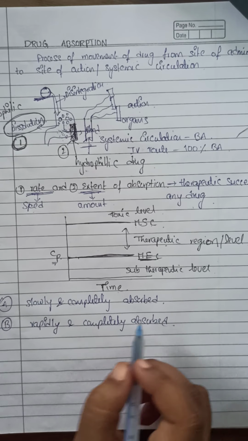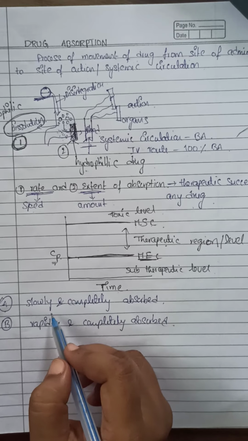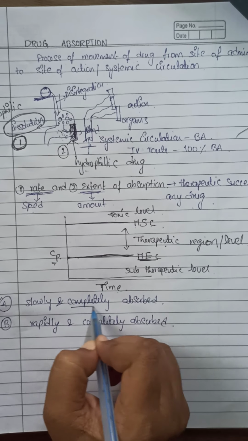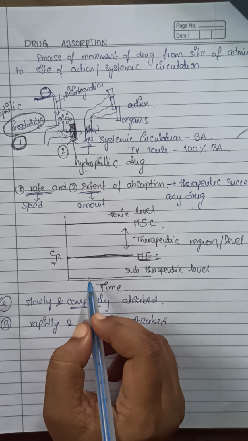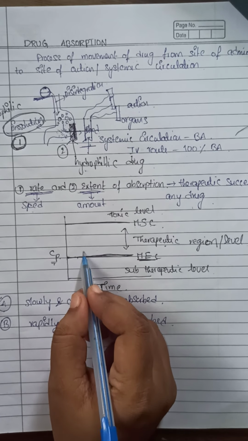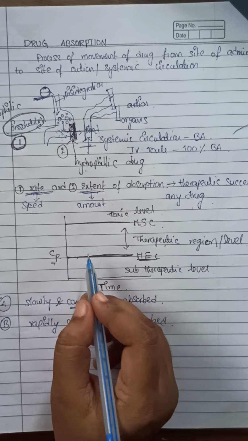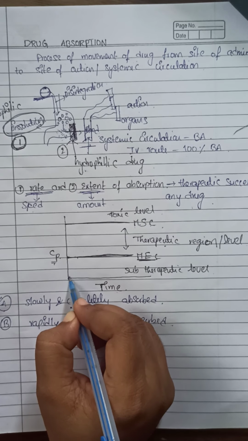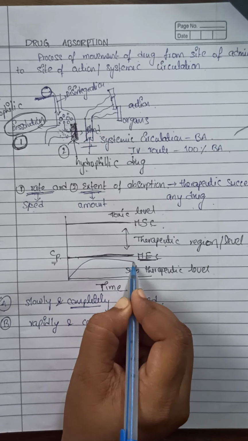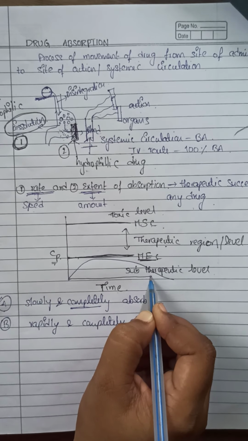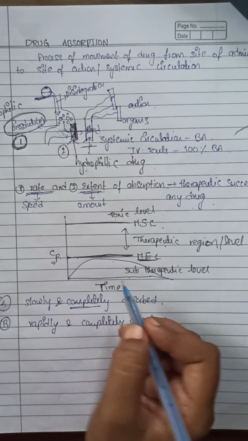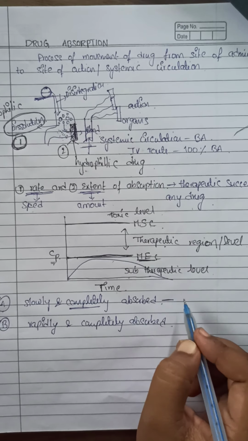So in case of a drug which is slowly absorbing and complete, even though it is completely absorbed, because of slow absorption it will not enter into the therapeutic level. It is slowly absorbing but completely absorbing. It will be present in this region only, under the therapeutic level. So it won't produce therapeutic action.